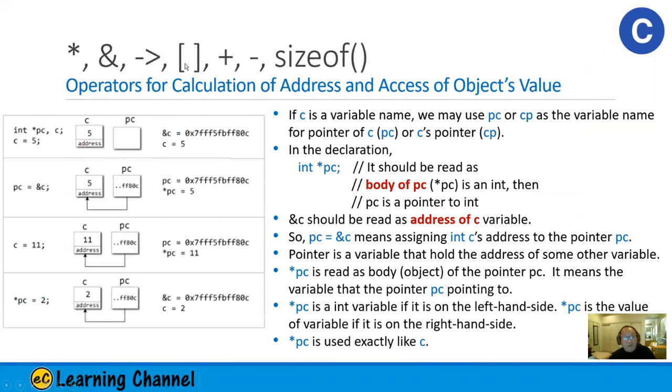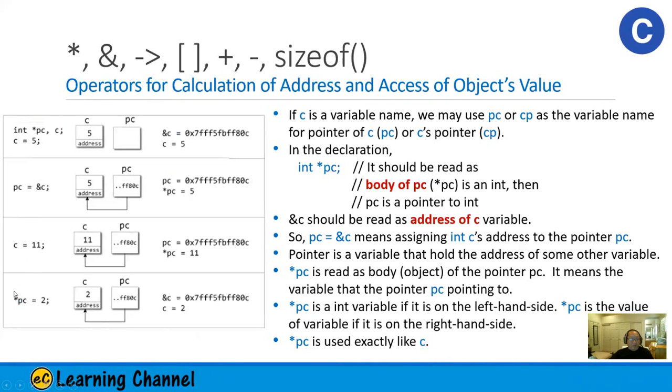Okay, now we have these different symbols. What's this one? What's star? Eric, you still remember? Pointer. If you declare a variable, say PC is an integer pointer, then that is a pointer. You can actually use that on the left side.